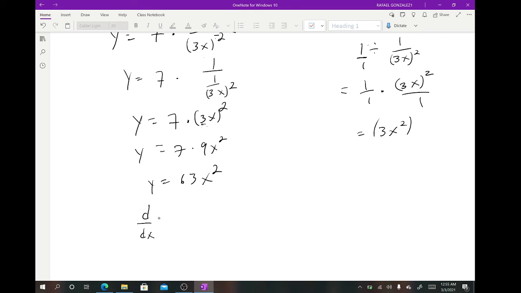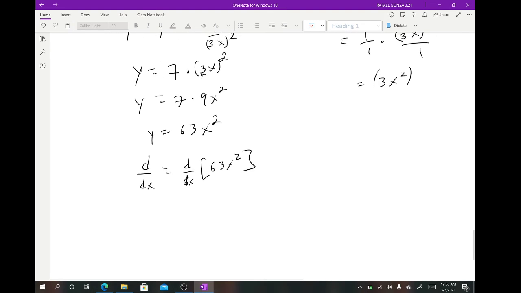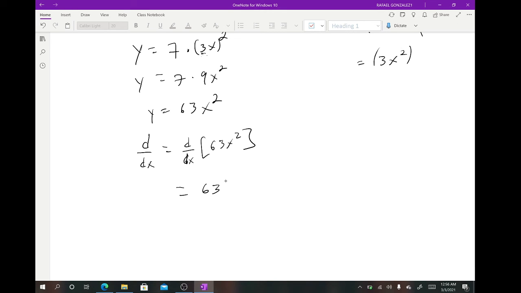d dx of y is going to be equal to the derivative with respect to x of 63x squared. Well, this is the same thing as 63 times the derivative of x squared.